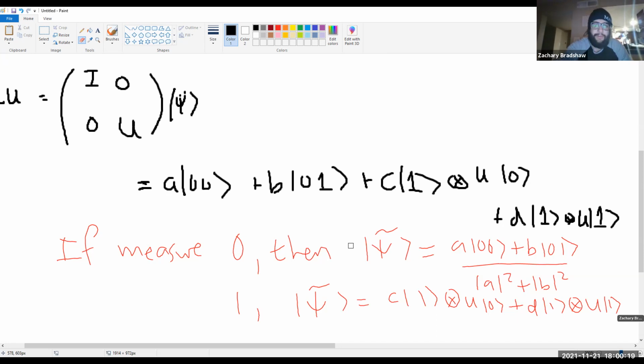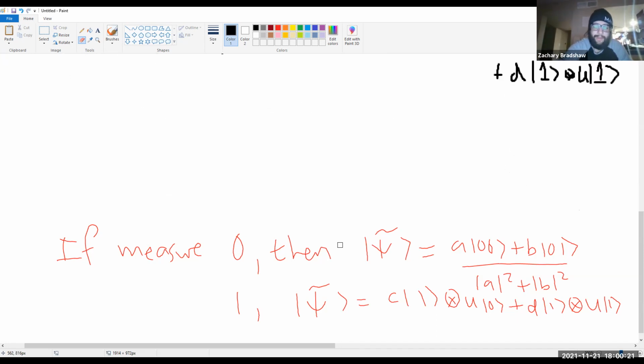And once again, I have put the pictures in the bad location. And then we divide that by the probability of getting this measurement, which is modulus of C squared plus modulus of D squared.